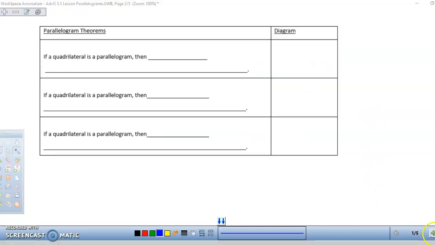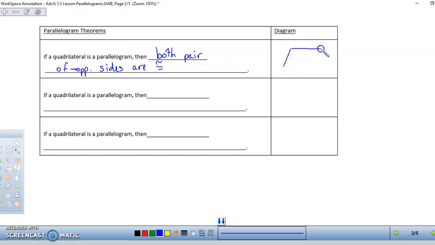Okay, so next. We have three theorems to build on the definition. If a quadrilateral is a parallelogram, then both pair of opposite sides are congruent.